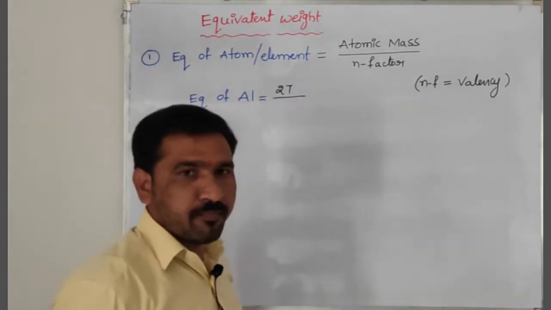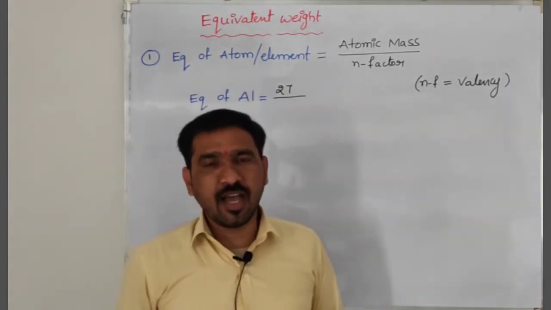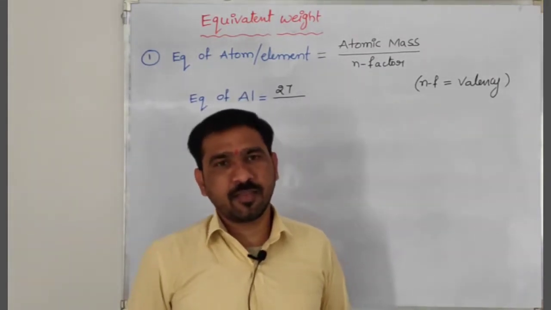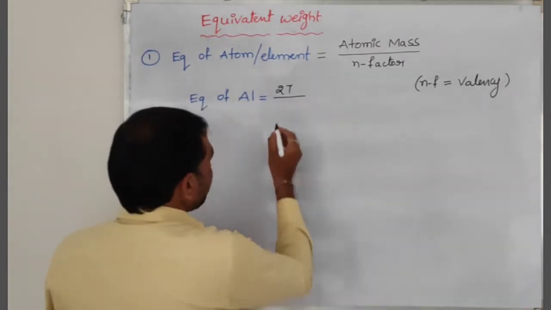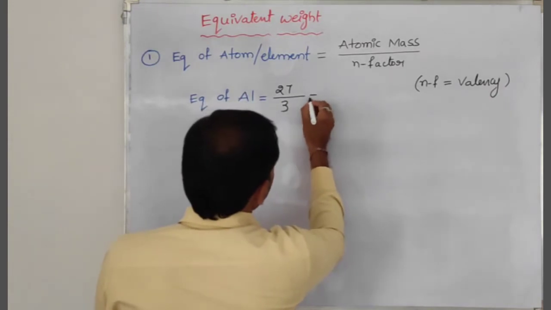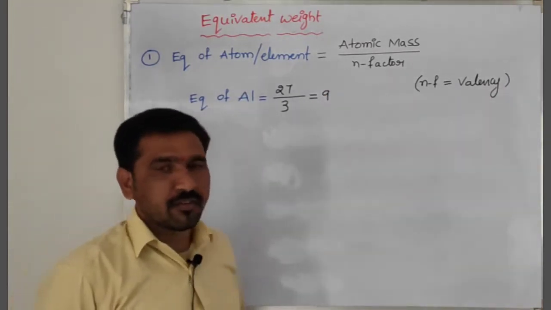Aluminium belongs to group 13, has 3 valence electrons, so the valency of aluminium is 3. That is equal to 9. So this is the equivalent weight of aluminium.